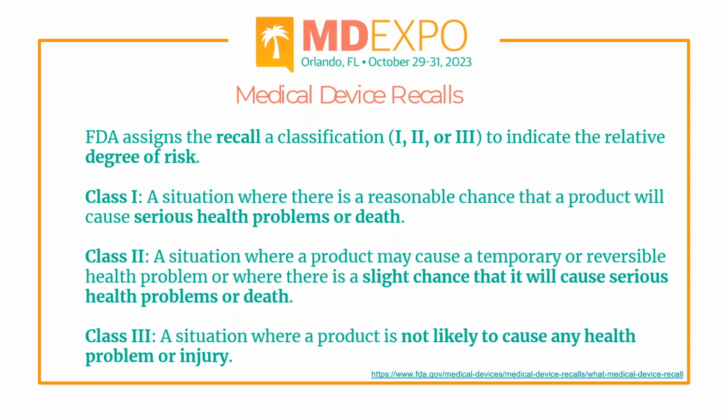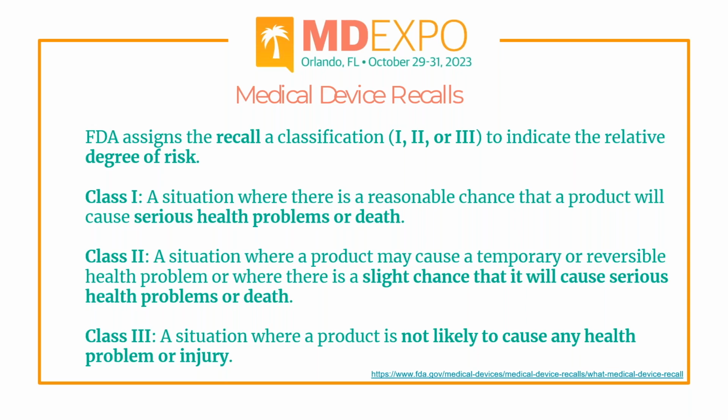The job of the FDA is that when a manufacturer finds something, they are required to submit that recall to the users and then notify the FDA, which assigns the recall a classification. Based on the information provided by the manufacturer, they classify it as Class I, II, or III, which reflect the degree of risk the recall has.